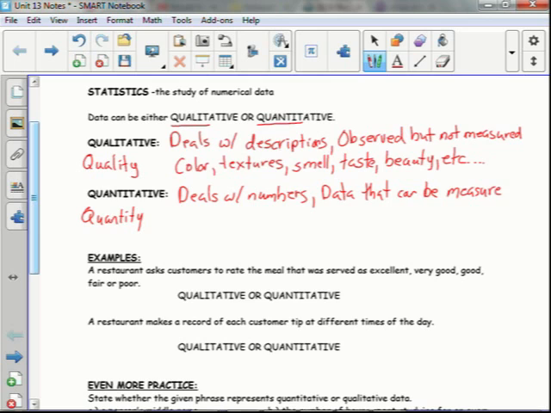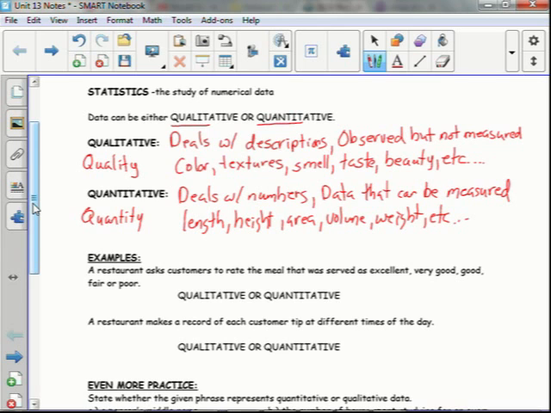With quantitative, we're looking at things like the length of something, the height, area, volume, weight, etc. Things that we can measure with numbers.